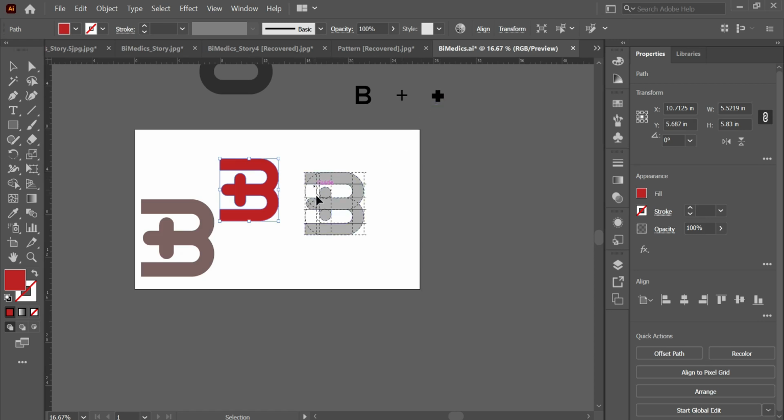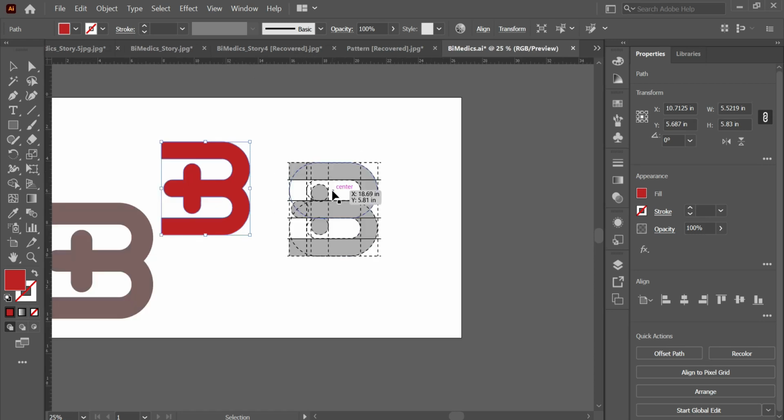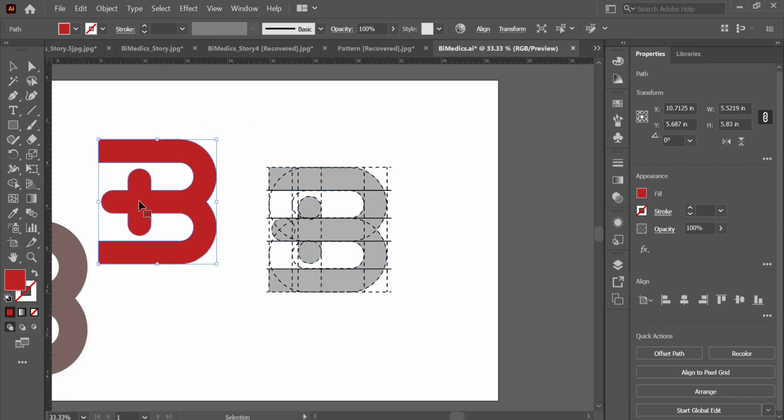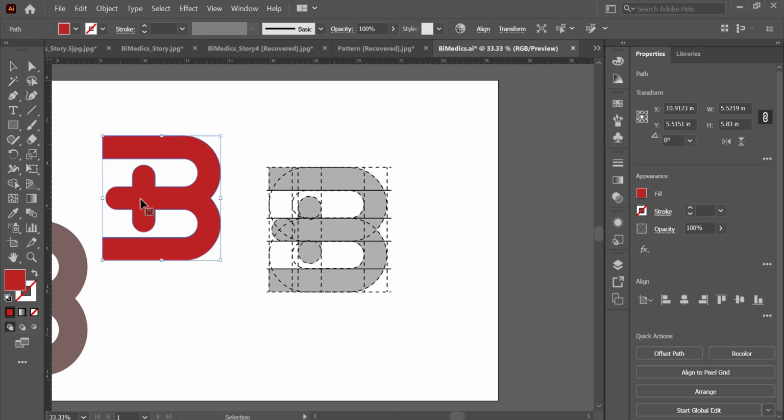Then I came to the conclusion that I really want to make this simple, because biomedics is a decompartmentalized form of medicine. If you're not trying to use the concept of every department or every specialty in making the logo, it will really look confusing. And a logo has to be very simple and minimal, as simple as possible, and speak the language you want it to speak. So that's what brought about the concept of this biomedics.